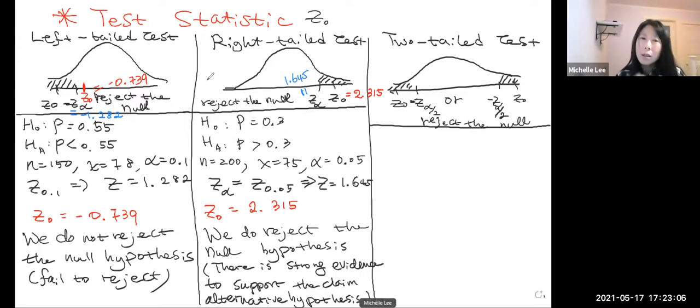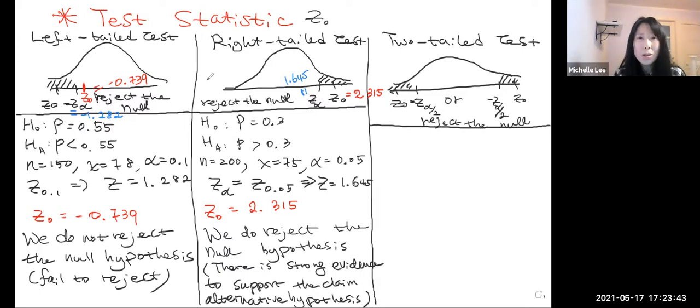In this case, the population proportion is greater than 0.3, right? So we can say that there is strong or sufficient evidence to support the alternative hypothesis: the population proportion is greater than 0.3.